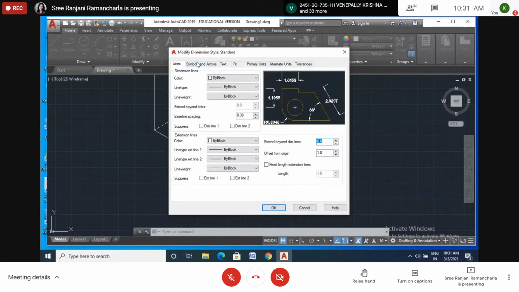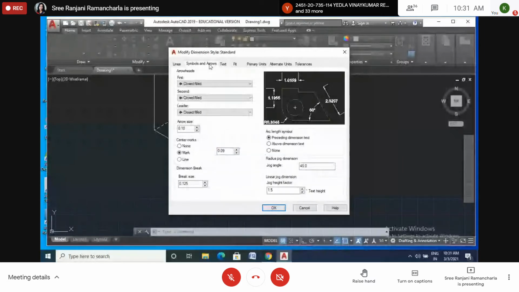Now symbols and arrows. This arrow is not looking right, so we'll change this one also. Where is the arrow size? Here it is. I want to give it as per our previous drawings. I want to give 5 or 4. 4. Okay, now about the arrows.